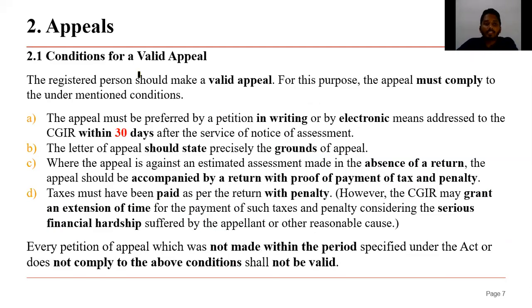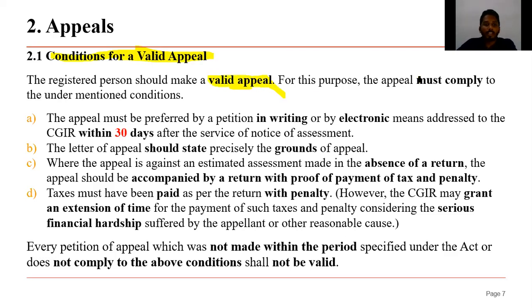Then the valid point is, again, when you are making an appeal, it is important to have these criteria in order to make it a valid appeal. You can make an appeal, but it is not a valid appeal if you miss anything from below, right?